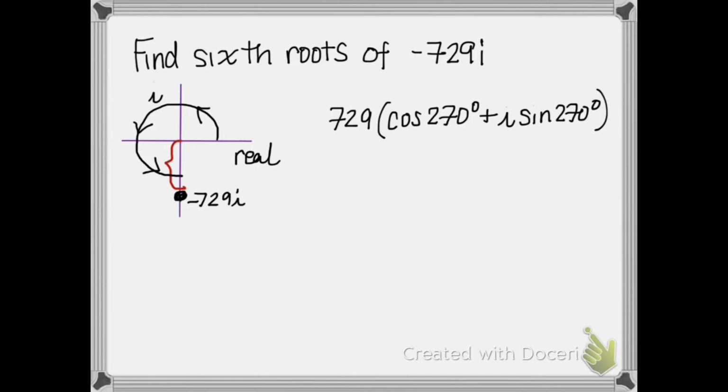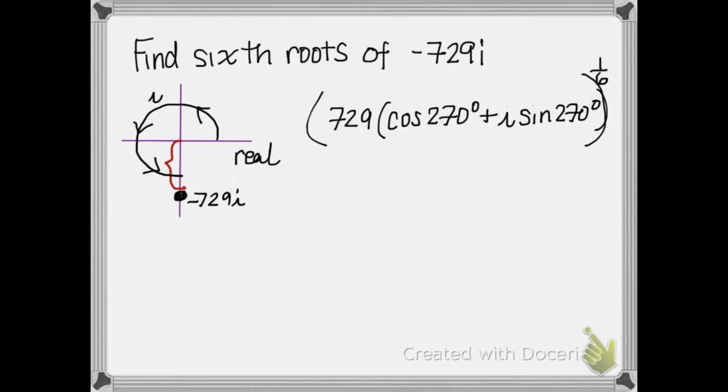From here, remember that we're looking for the sixth roots. So that would be the sixth root, right? But I'm going to write it as an exponent in rational form. So I'm going to write it to the 1/6 power. And then I'm just back to DeMoivre's theorem.